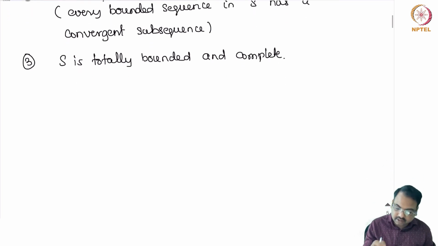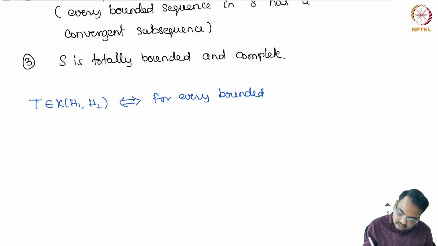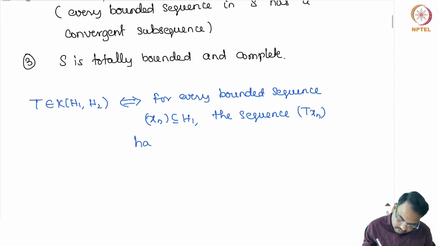So compactness can be expressed as following: T is compact if and only if for every bounded sequence Xn in H1, the sequence T Xn has a convergent subsequence.